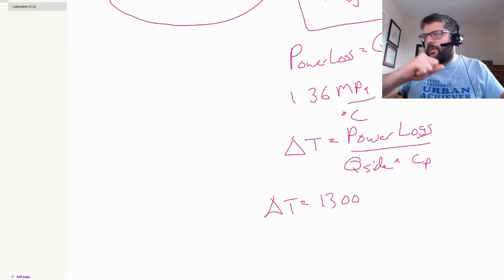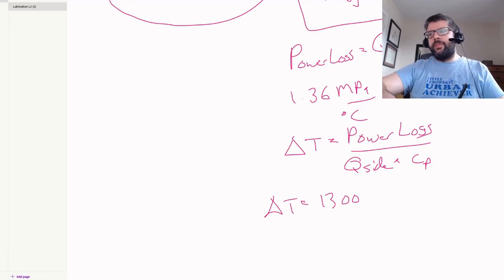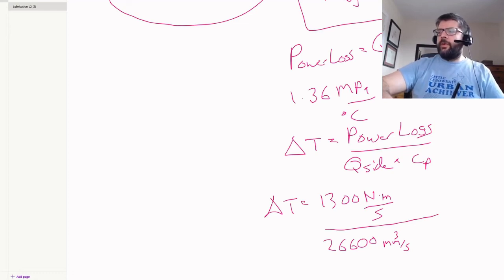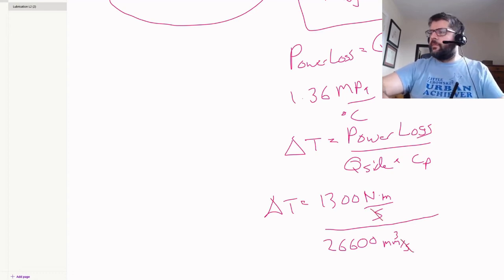Again, I'm going to put that in more basic terms, newton meters per second. And then I'll divide it by our side flow, 26,600 millimeters cubed per second. We've got per seconds on the top and per seconds on the bottom, so I'm just going to cancel out those per seconds.